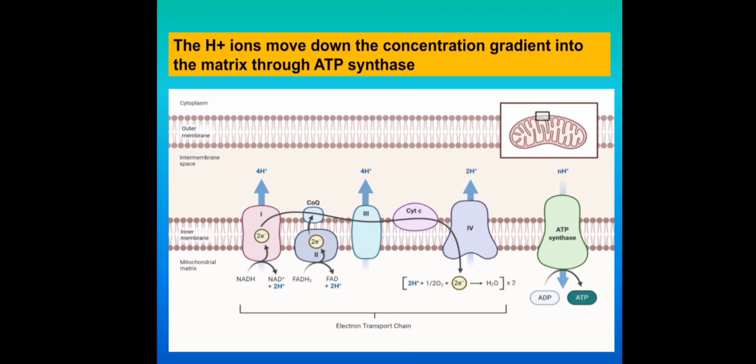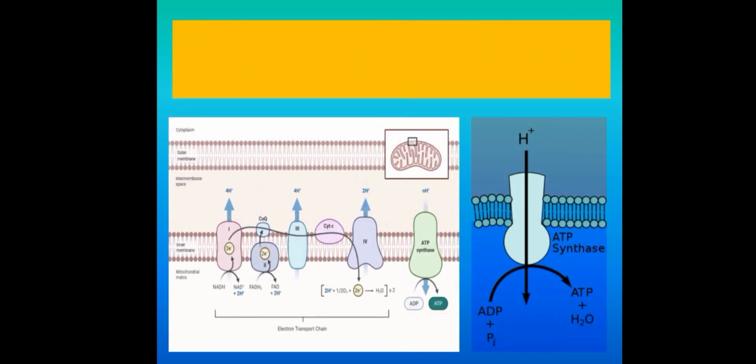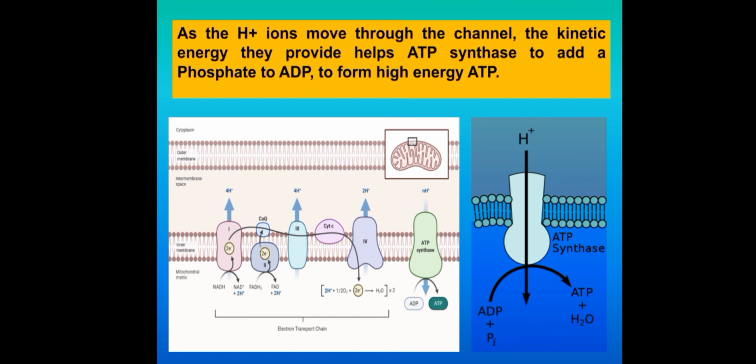The hydrogen ions or protons move down the concentration gradient into the matrix through ATP synthase enzyme. As the hydrogen ions move through the channel, the kinetic energy they provide helps ATP synthase to add a phosphate to ADP to form high energy ATP.